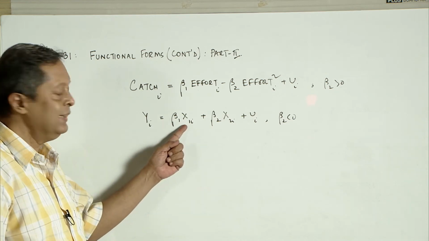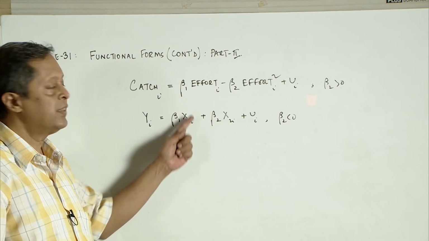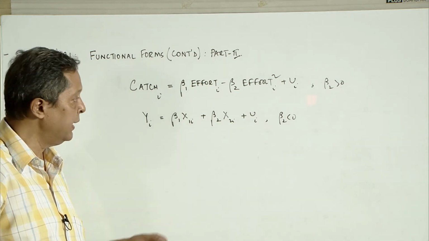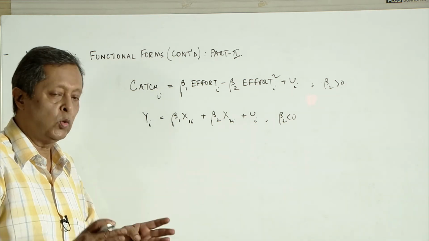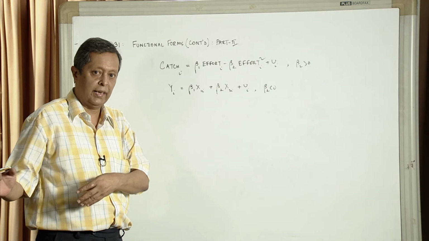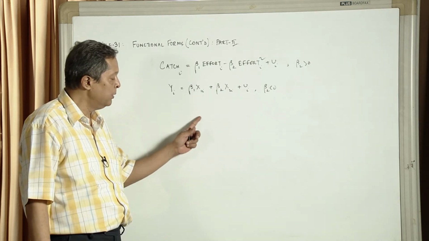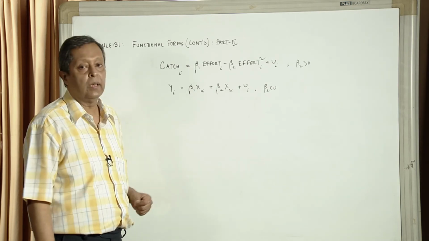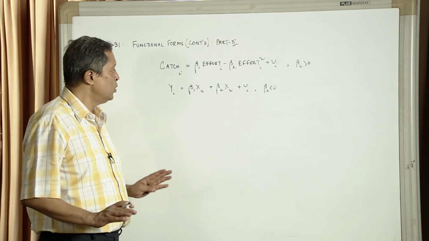So, x1 is not the intercept, it is a variable, effort, and this will have different values, unlike the standard format where we had y regressed on x2, x3, x4 up to xk and x1 was the intercept. Here x1 itself is a variable and there are two variables, x1 and x2. So, this is a model without intercept, but we do not have any reason to worry.